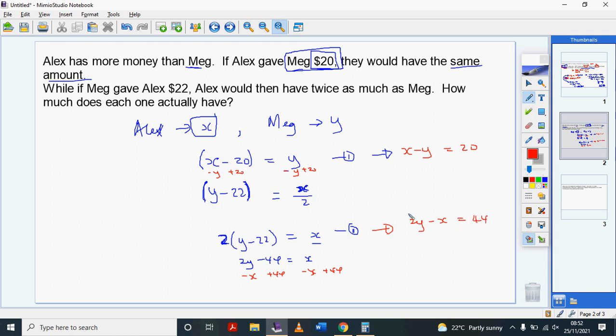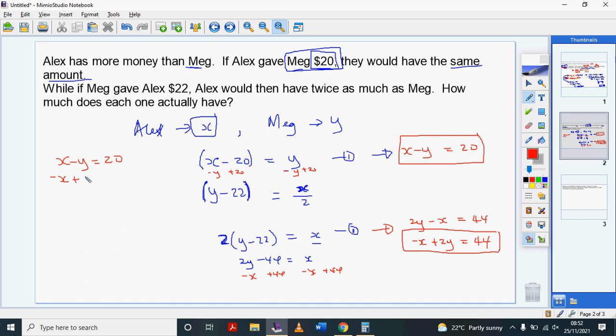Again, I'm going to rearrange this because I want it to be aligned. I'm going to put the negative x first, plus 2y is equal to 44. So I have 2 equations. The first equation is x minus y is equal to 20. The second equation is negative x plus 2y is equal to 44.